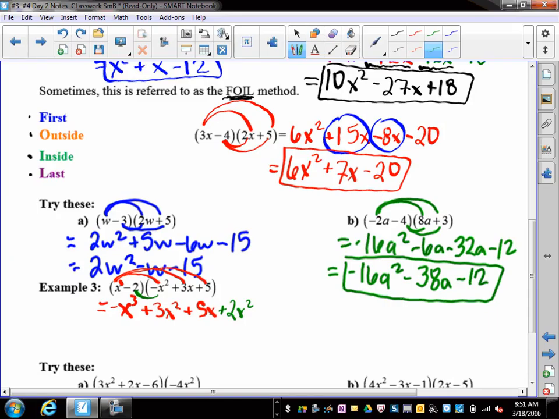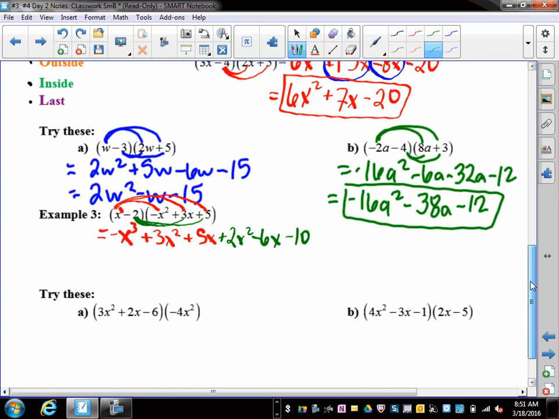And we're writing this down. Now negative 2 times 3x is negative 6x. Good. Now, negative 2 times 5 is negative 10. Look at all of those terms.